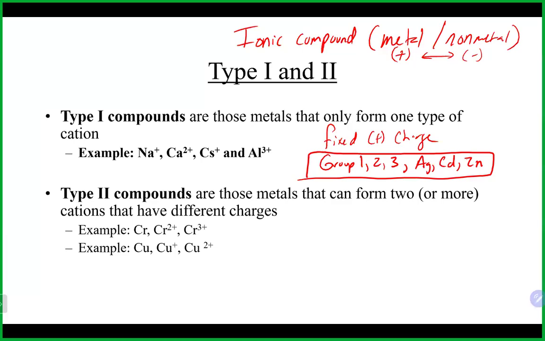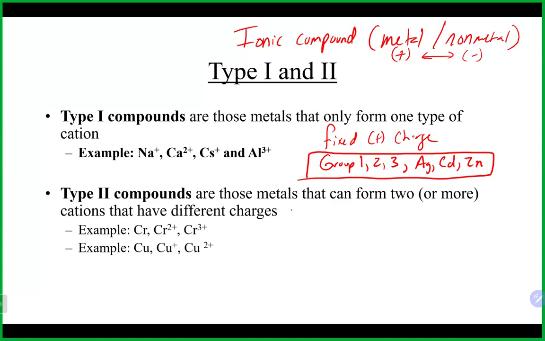So what is a type 2 ionic compound? Again, the metal is the most important thing, and the metal there can have a variable positive charge. As I drew a second ago, that's our transition metals, just to the right underneath the staircase, where we have lead, tin, antimony, all those guys.